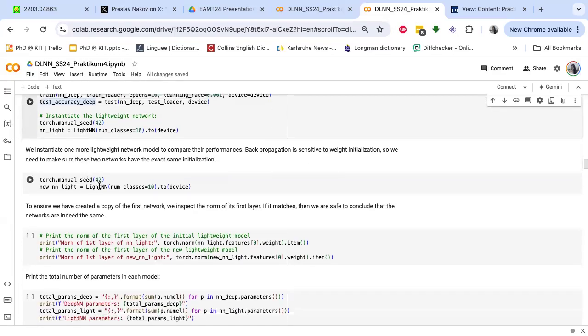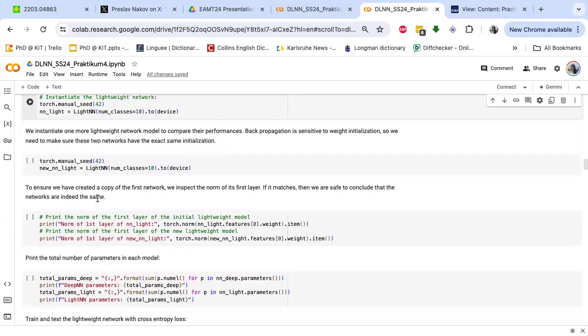And then we do the same for the light network as well to see how they perform individually. And for fair comparison, we will try to initialize the weights of the light models the same way throughout this notebook, because otherwise there would be too many varying factors that affect the performance.